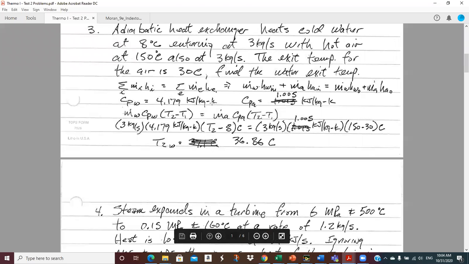And so that's where I'm starting here. Summation on the inlet side of mass flow rate times enthalpies is equal to the summation at the exits of the mass flow rate times enthalpies.